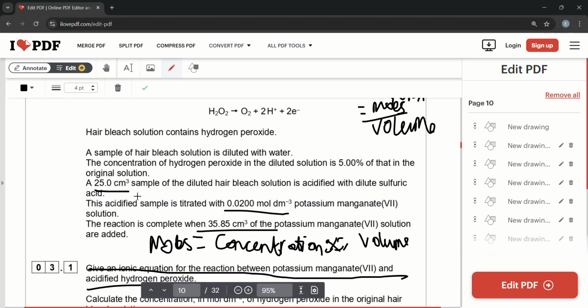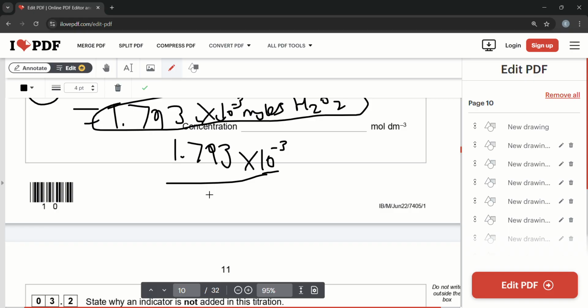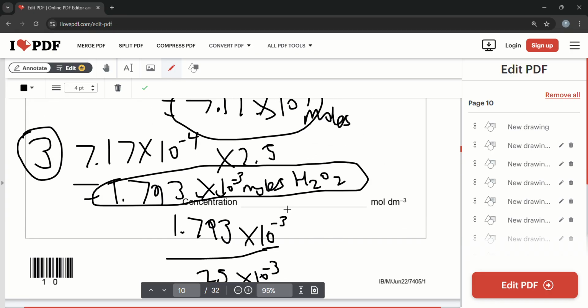We know 25 centimeters cubed of dilute hair bleach acidified with dilute sulfuric acid, and this acidified sample is titrated with potassium manganate, so it's going to be 24 times 10 to the power minus 3, or 24 divided by 1000, and then you get the concentration to be 0.0717 mol per dm cubed.